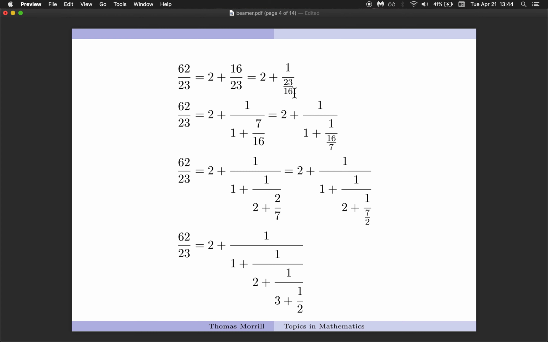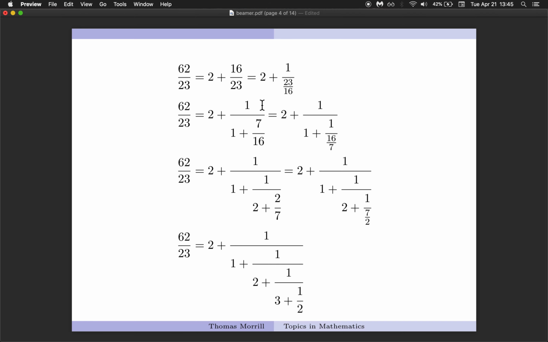So I can again ask, how many times does 16 go into 23? And I know it only goes in once. So I can take this term on my denominator, and I can say that 23 on 16 is really the same thing as 1 plus 7 on 16, right? That's just algebra.